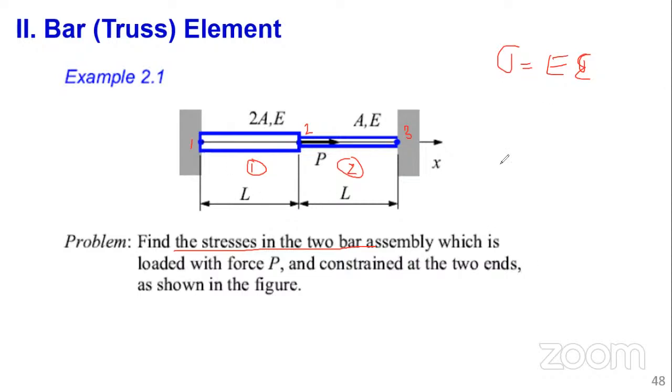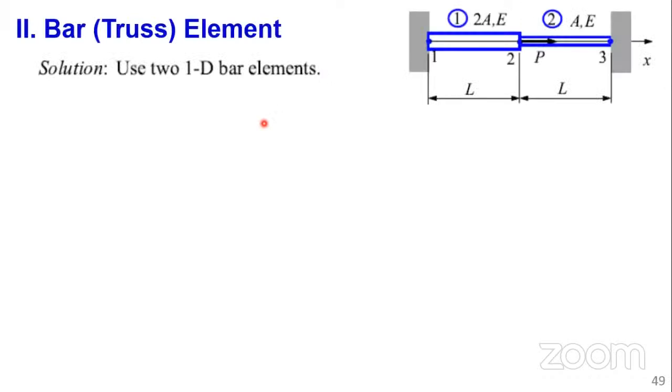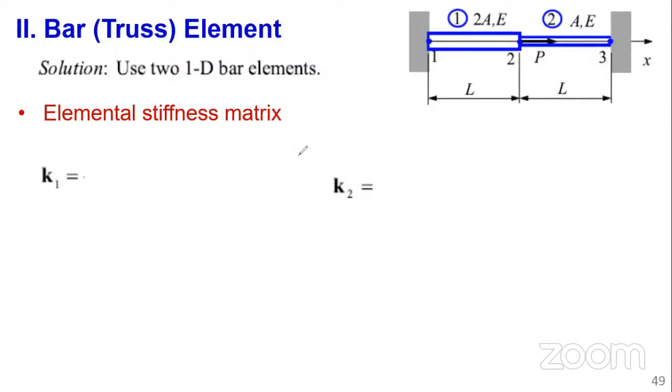Remember, this one should now be at your fingertips: for a truss element, we have the elemental stiffness matrix K. So for a truss element, K is equal to EA over L times the matrix 1, minus 1, minus 1, 1.